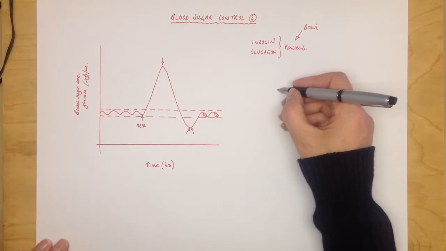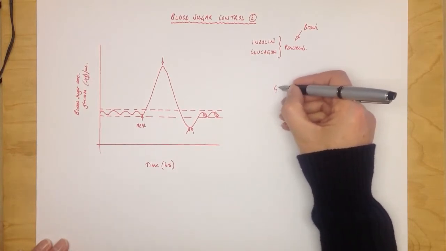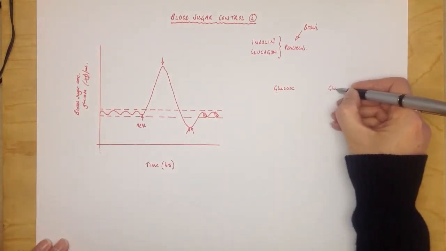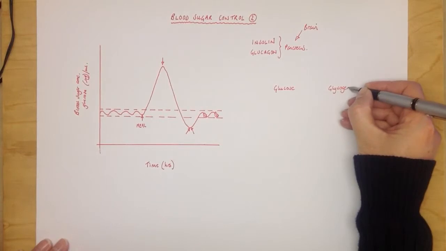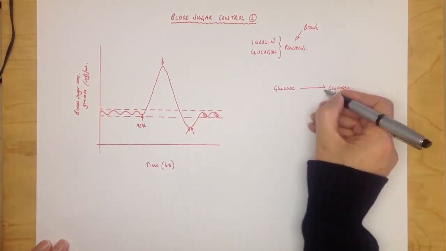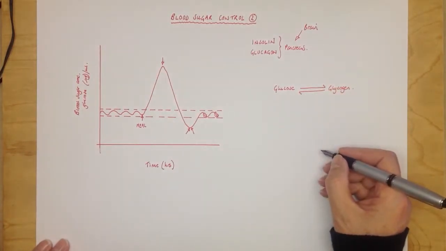The other thing that you need to remember is that the liver stores glucose as glycogen, but this is a reversible reaction. So glucose can be turned into glycogen, but glycogen can be turned back into glucose.